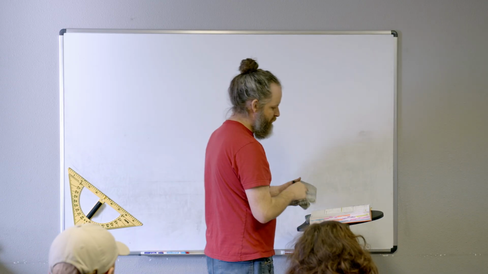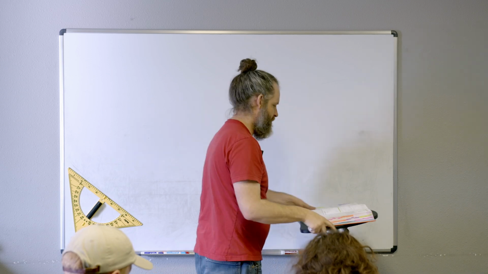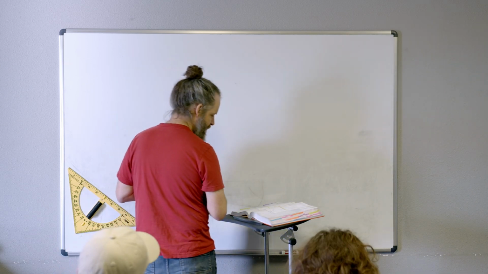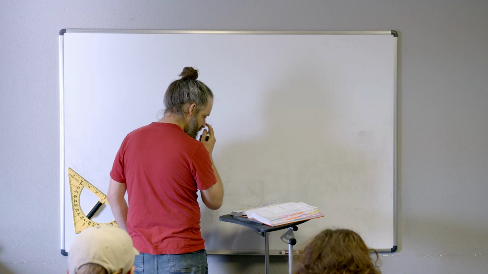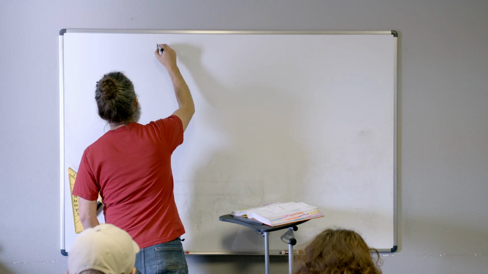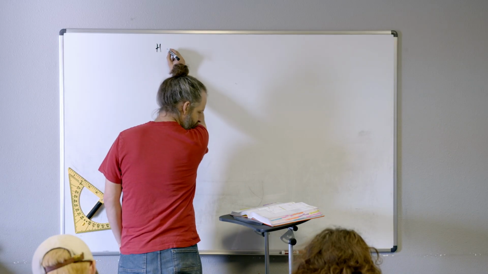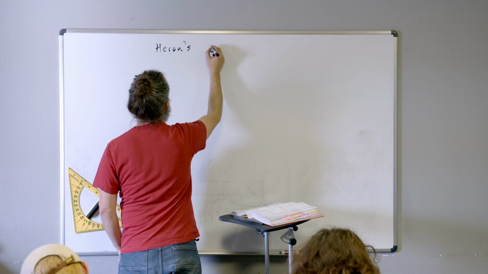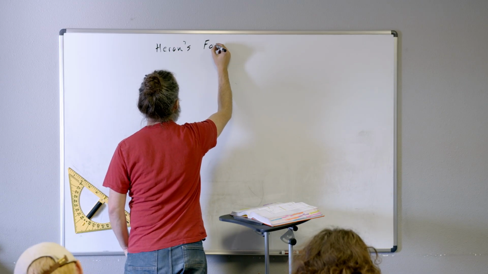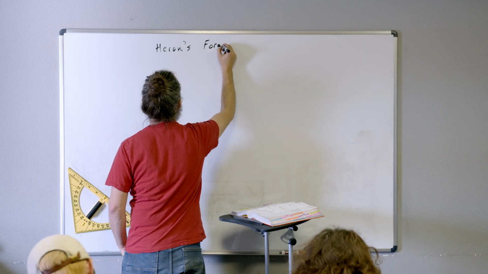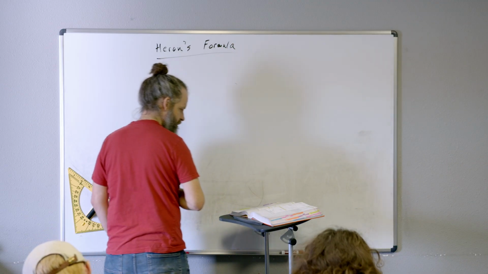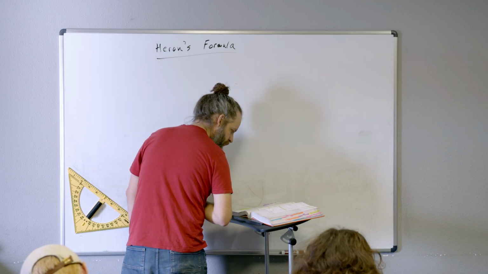There are two formulas. They're based on laws of sines and cosines, which is why they're in this unit and lesson. So Heron's formula, both of them are for finding the area of a triangle.